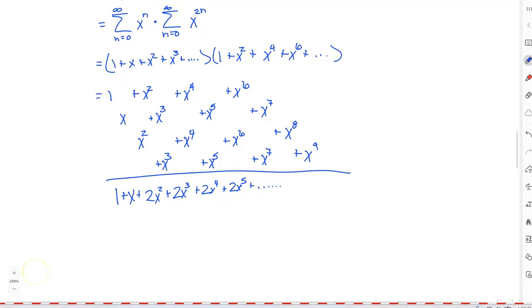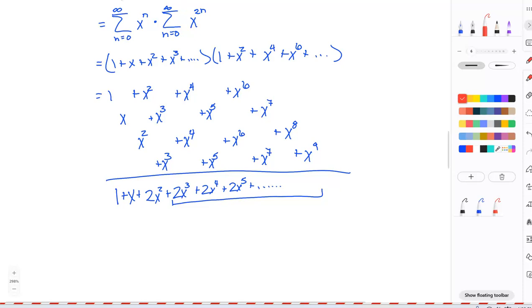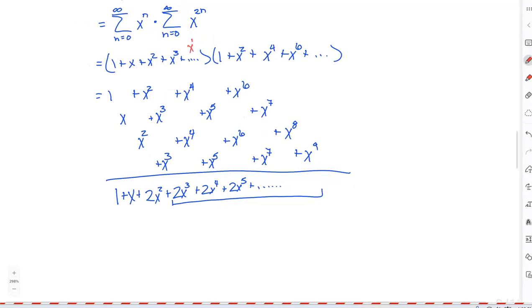So you see this process is tedious, and we actually have some things missing in here because I only multiplied a few terms by a few terms. If I went x to the 4th here, so let's add in that x to the 4th. x to the 4th times 1 would give me another x to the 4th.